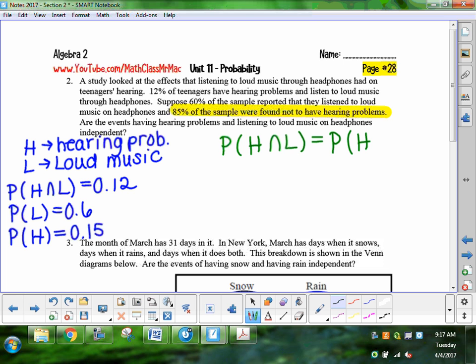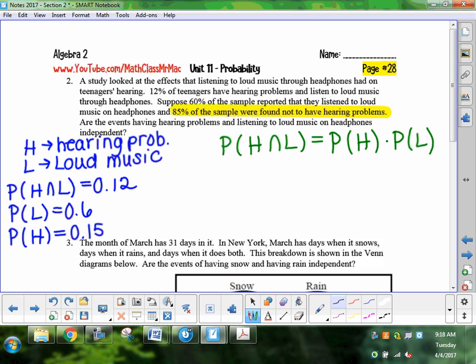So we need then to see if that equals the probability of hearing loss times the probability that you listen to loud music. What's the probability that someone has hearing loss and listens to loud music? Amanda? What's the probability that someone has hearing loss? Thomas? And what's the probability that the person listens to loud music?